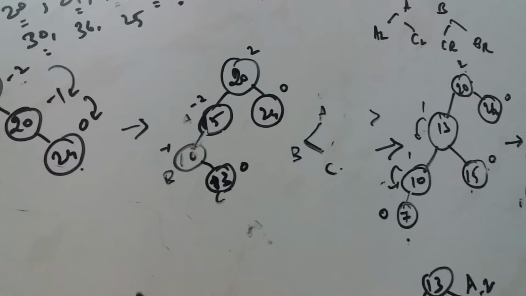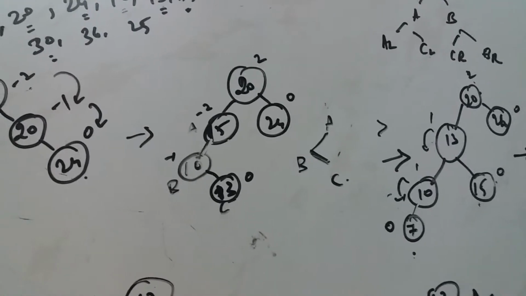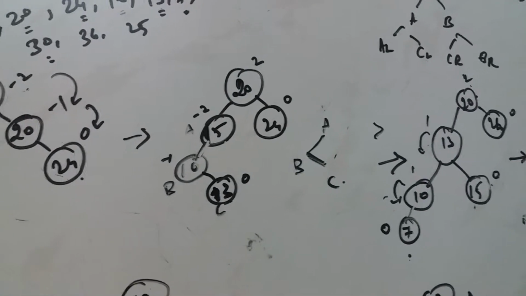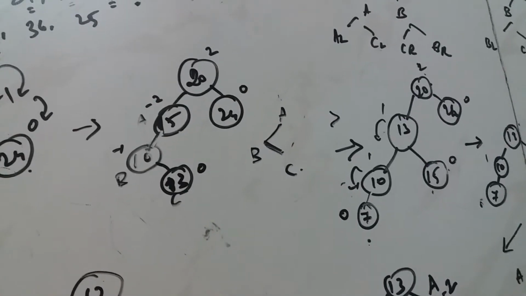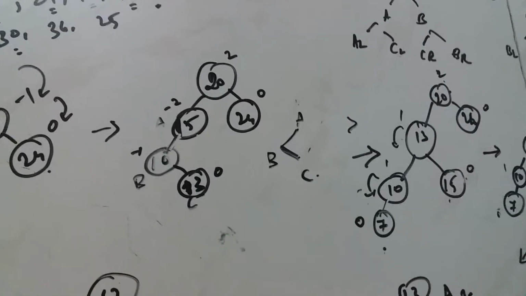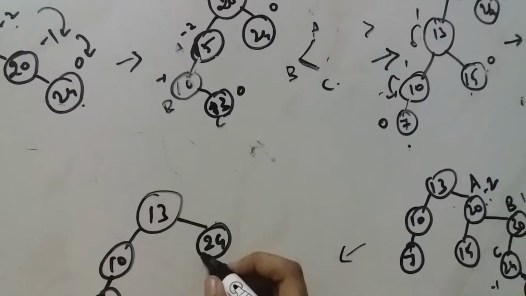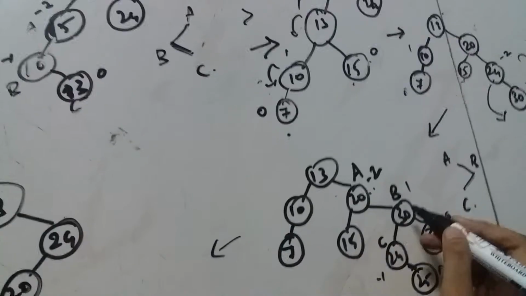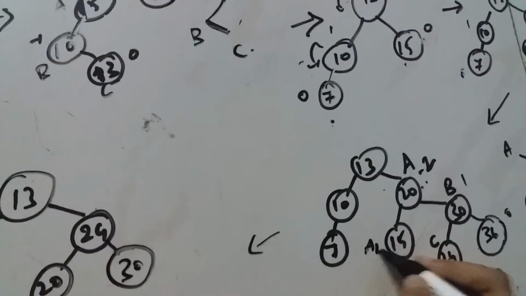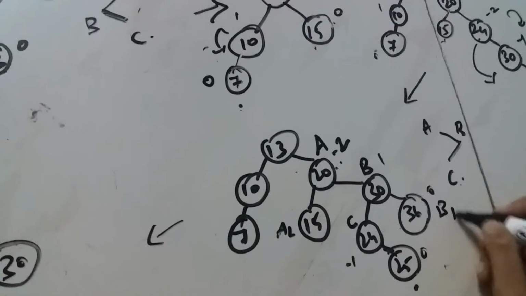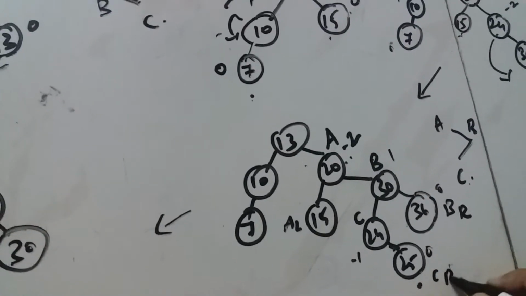Another part will come as it is, that is 13, 10, 7. The root node will be 24, and the left side will be A. Here A is 20, B is 30, and this will be A left, this is B right, and this is C right.